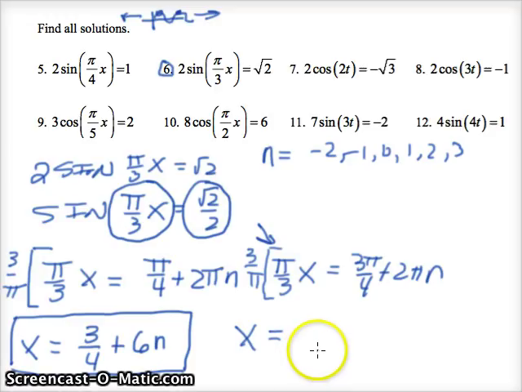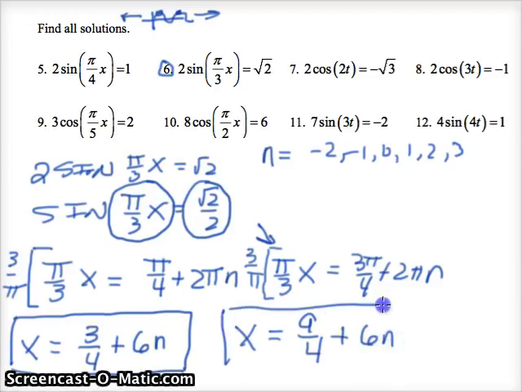Okay, 3 over pi, that would be a 9/4. Pi's go away, plus 6n. Okay, you could do that on your calculator and verify that, but that is how you do that problem.